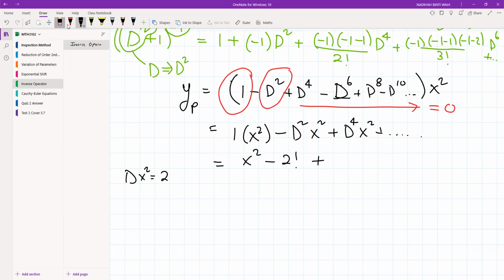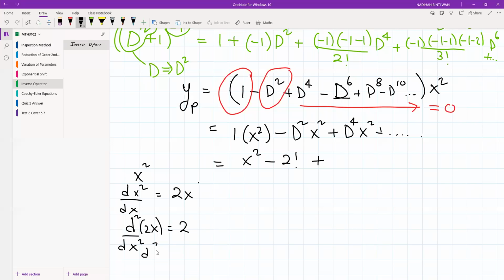So, kalau saya nak masukkan dalam bentuk apa ni, derivatives. Okay, so X kuasa 2. So, D per dx squared, this is 2x, d dx of d squared 2x sama dengan 2 d cube of 2 dx cube sama dengan kosong.